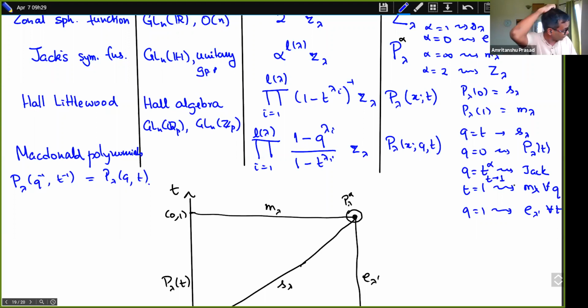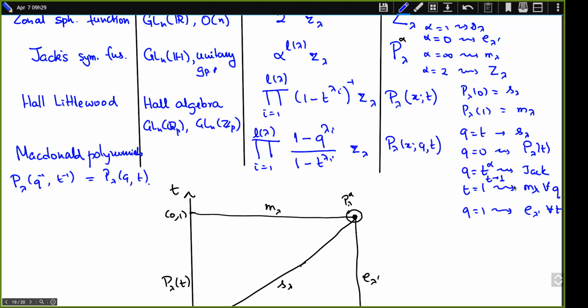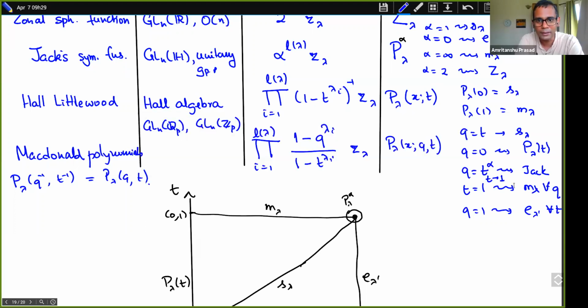I haven't looked at it so carefully, but I just copied it down from Macdonald. What you have said is correct. Yeah, but I was a bit vague there. Macdonald has exactly the same figure in the book. I just copied it.